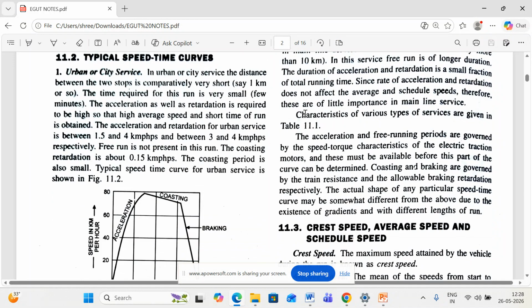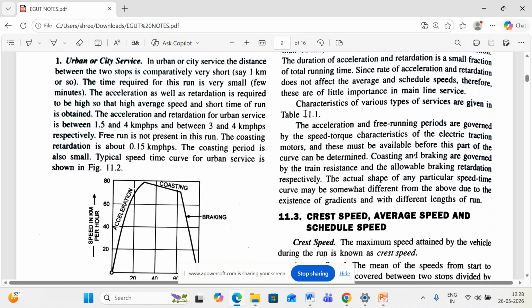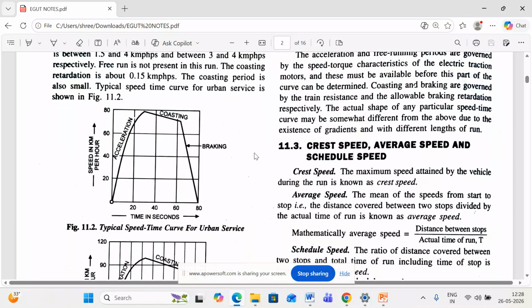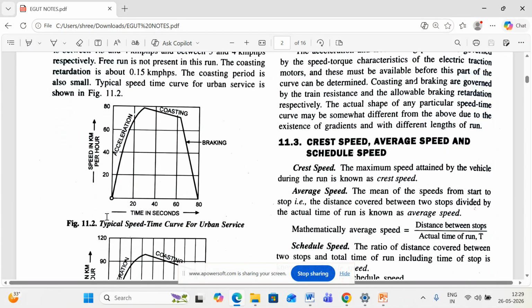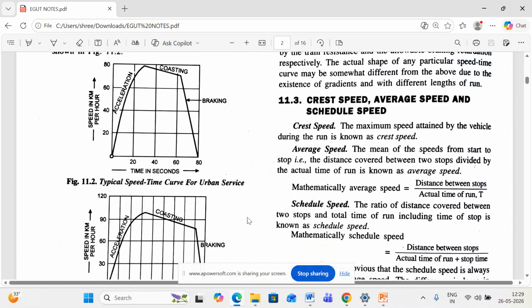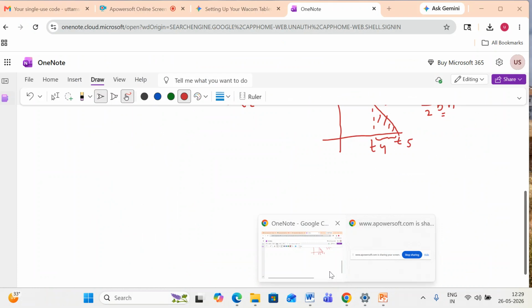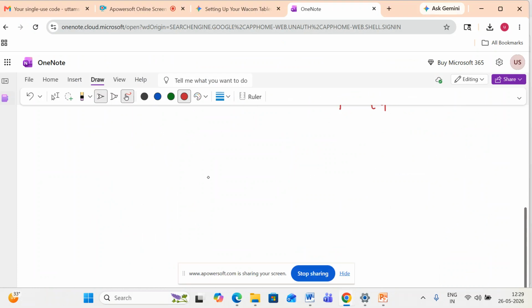Now, how do you differentiate? What is the speed time curve of these types of trains? Here it is given. This is a speed time curve of urban service. I just want to give you the distinction between these in brief. You can read it, but I will give you the differentiation.